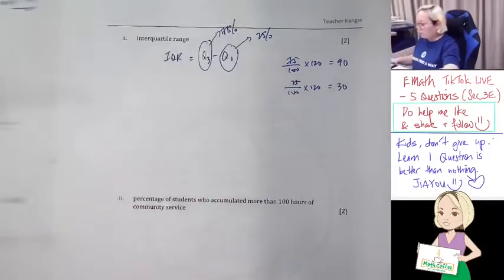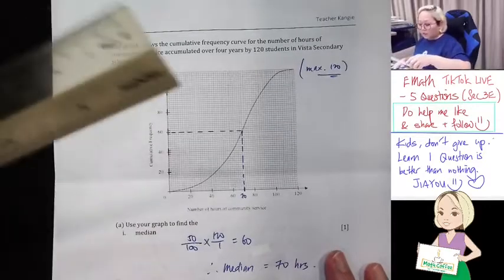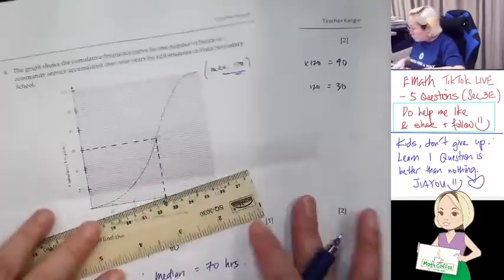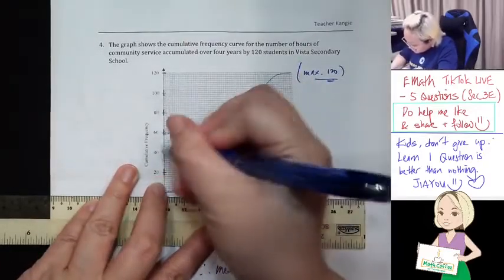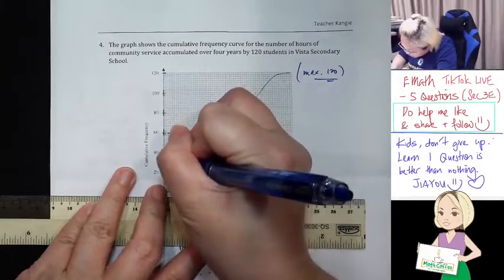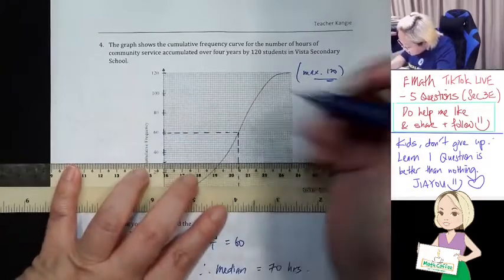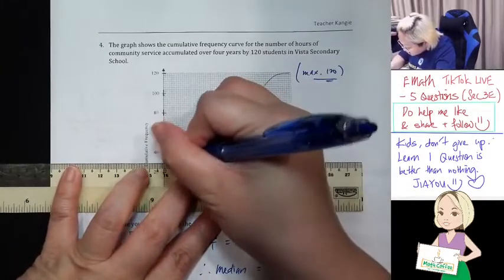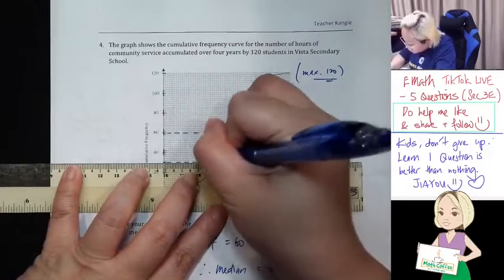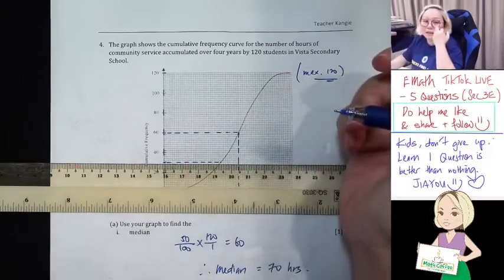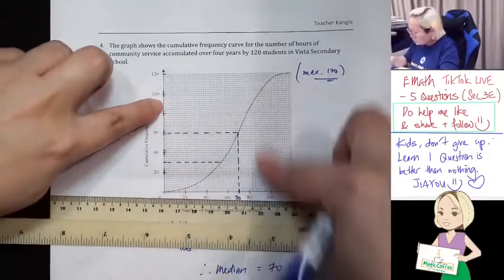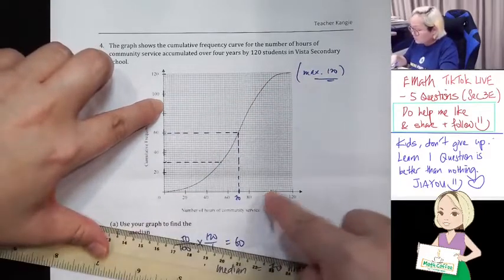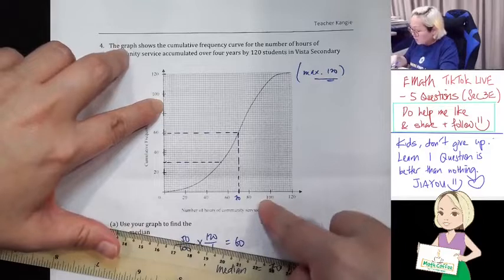So I will have to go to my diagram, go to 30 and 90 and find out what the numbers are. Oh, no, I'm not taking 90 minus 30. The 90 is telling us to go here, to the Q3 hours first.